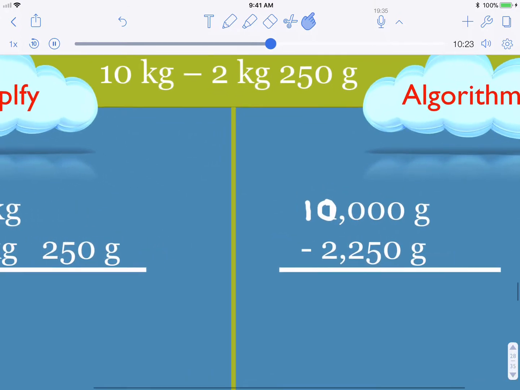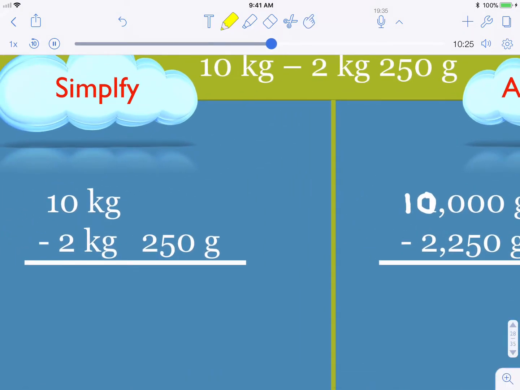If I borrow 1 kilogram, I have 9 kilograms. And I have 1,000 grams. And I fixed this on the previous one. I did not fix on this one.